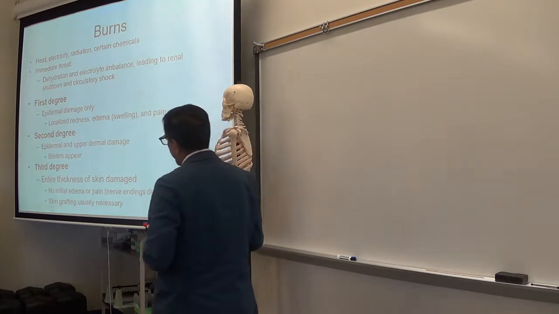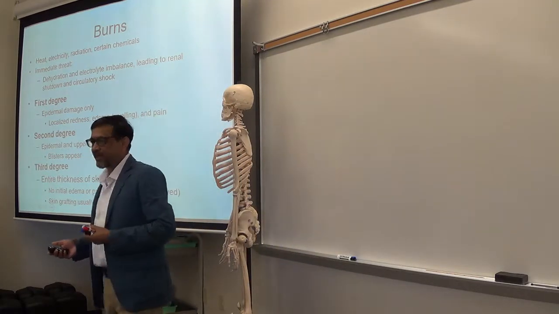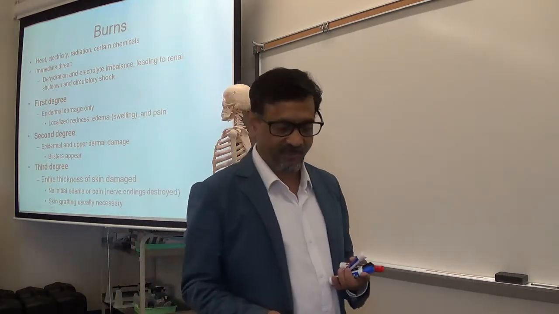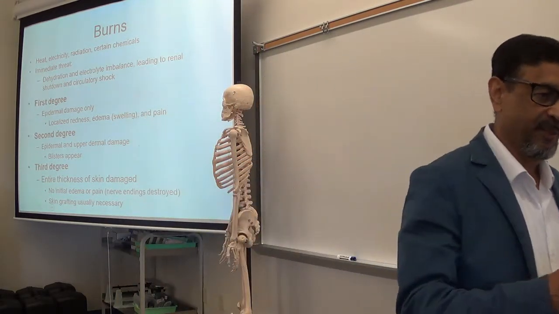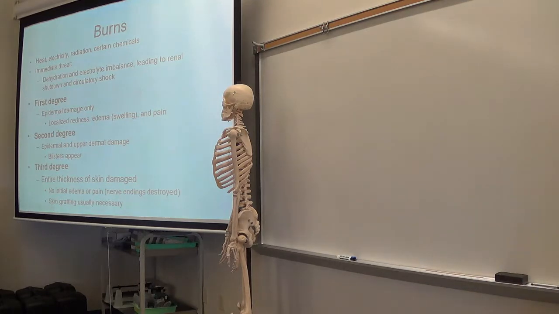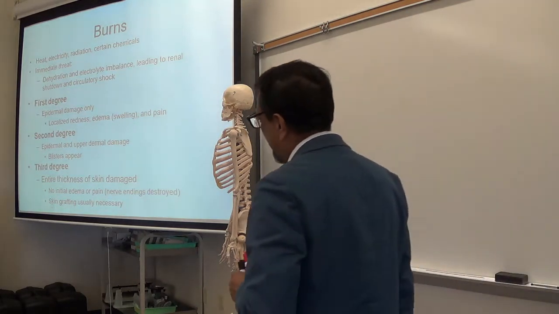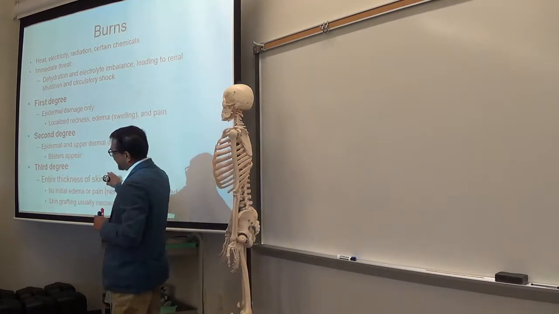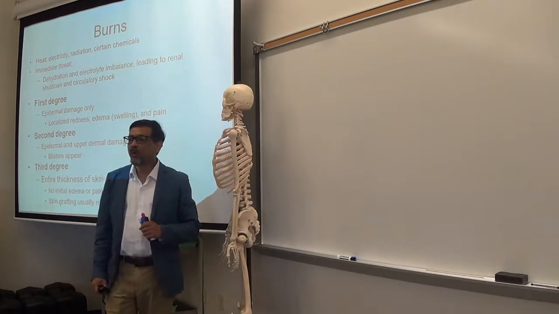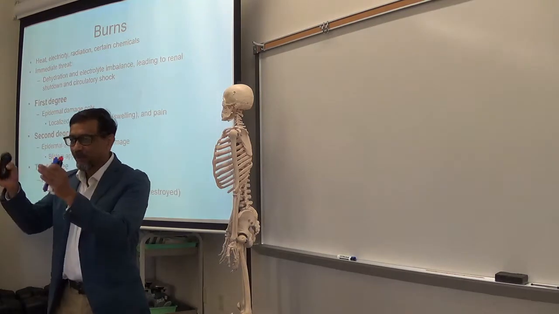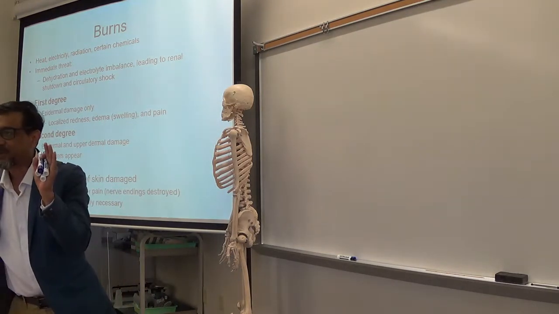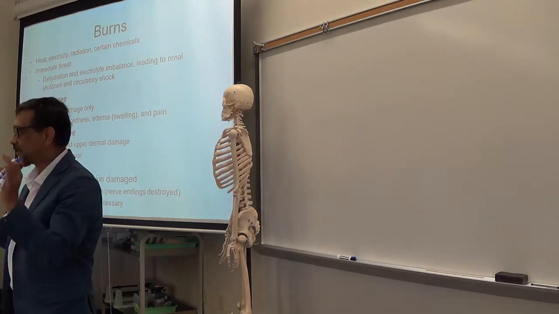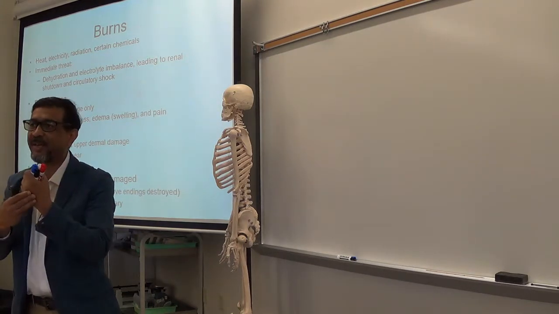Third degree burn is the most dangerous type because both the epidermis and dermis are entirely destroyed or damaged. And in this case, since the whole skin, both layers, are destroyed, no stem cell is remaining there.